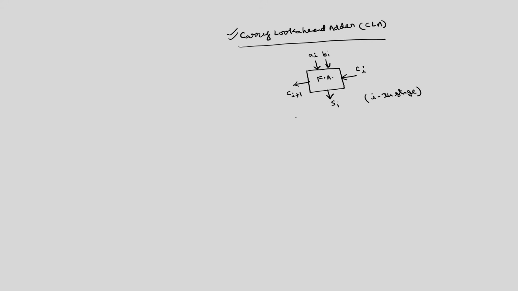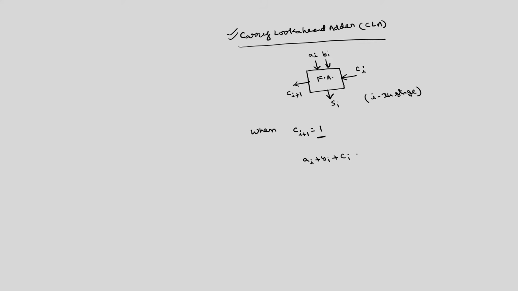In order to generate these carries simultaneously, what is the logic that we have to follow? If I consider this ith stage only, when does this Ci plus 1 become 1? What are the conditions for this? This is basically adding 3 numbers, Ai plus Bi plus Ci.